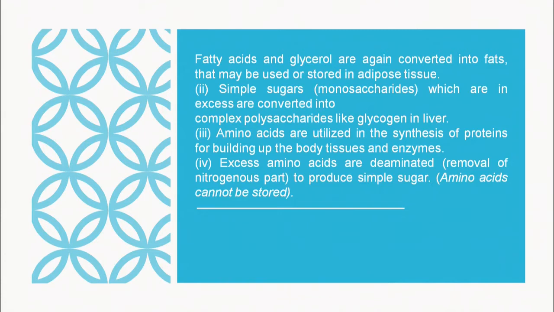The amino acids are utilized in the synthesis of proteins, and the ones which are in excess and not used for building up the body are deaminated and removed from the body. So, the three components of food, how they are digested and how they are stored, we have discussed.